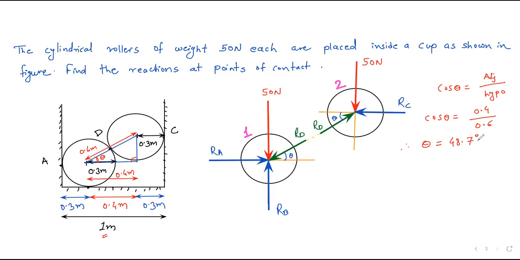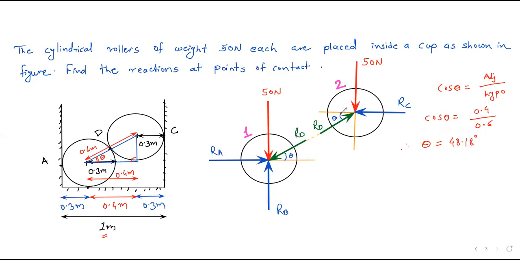Sir, I'm not getting it. Can you repeat it once? 48.18. Yes, okay, sir. What does the majority say, 48.7 or 48.18? 48.18. Okay. So I will write here 48.18 degree. So this is the theta.